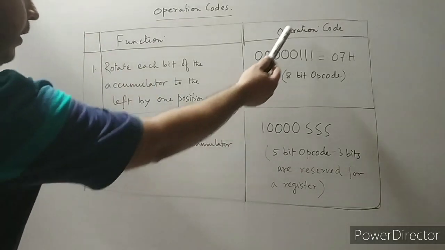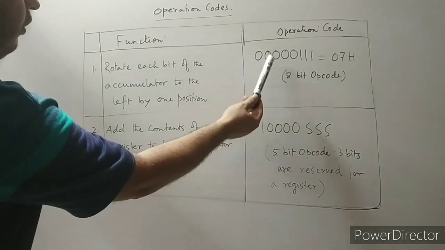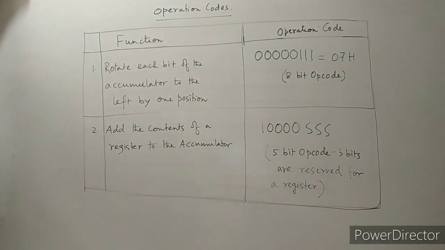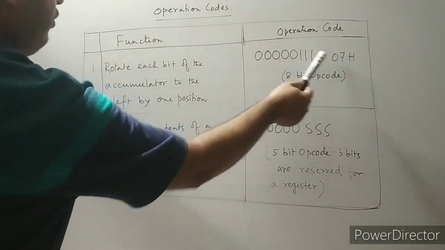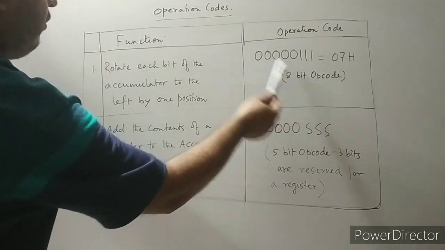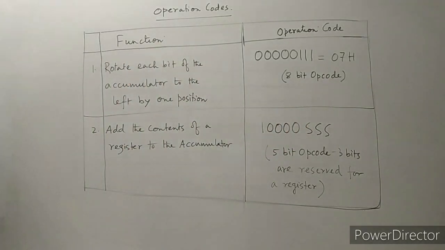The corresponding operation code will be 00000111, that is five zeros and three ones. So the hex code will become 07H. Here the opcode is 8 bits, so we get an 8-bit opcode.